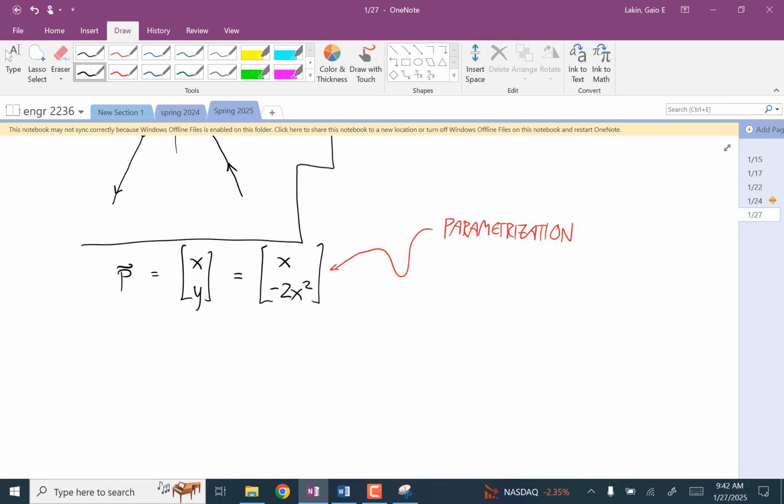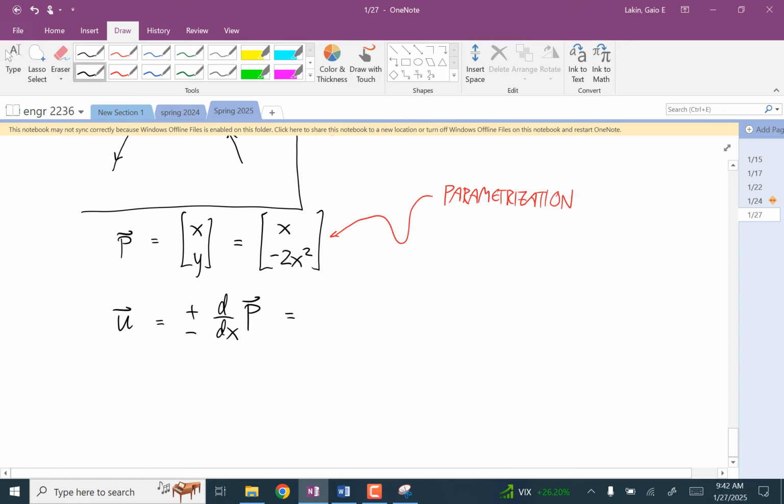Okay, so now the first thing we're going to do is find a vector, not a unit vector, but some unknown length vector in the direction of motion. And we're going to do that as plus or minus the derivative with respect to the parameter of p.